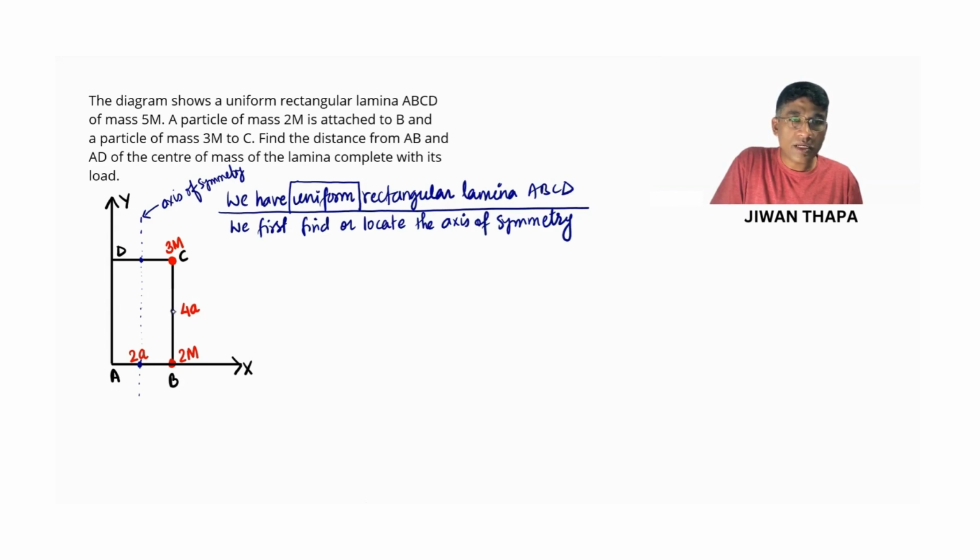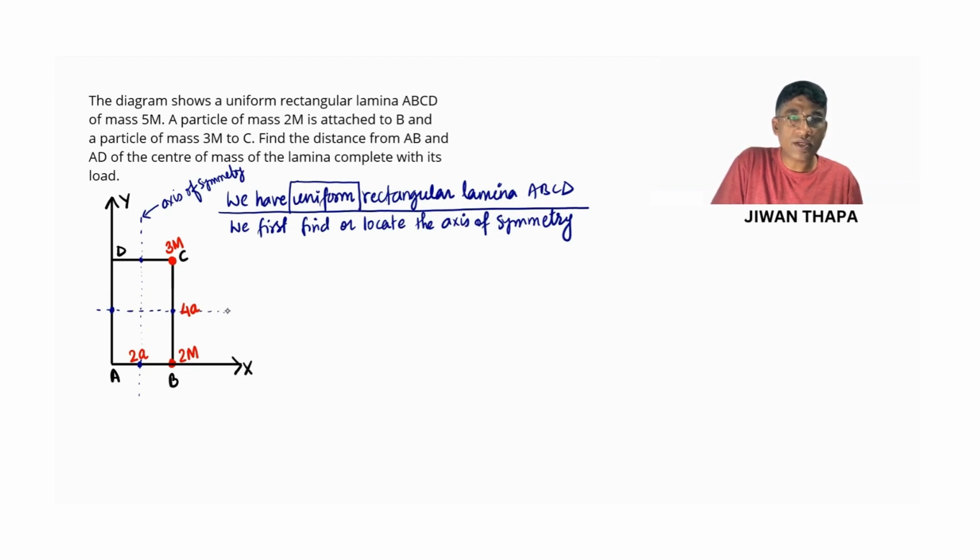In the same way, I'm taking this as the midpoint of BC, and this is the midpoint of AD. So let us draw a horizontal line passing through these two points.